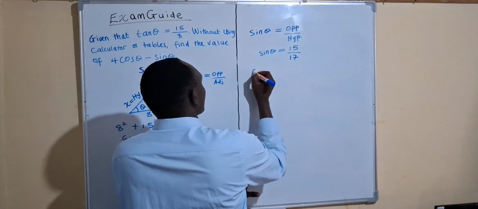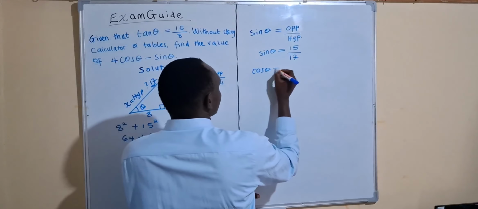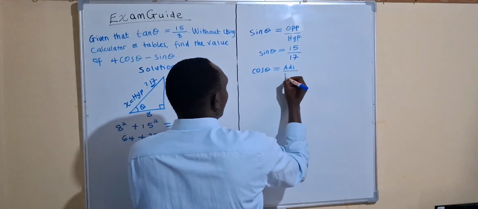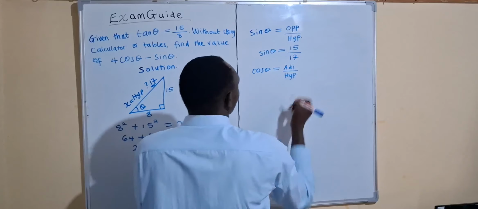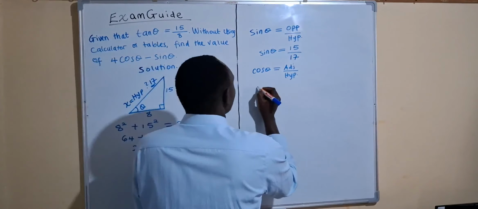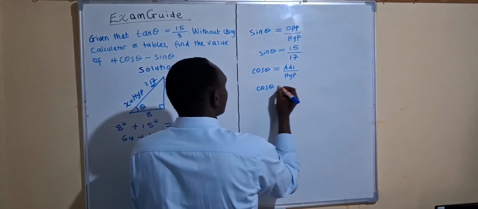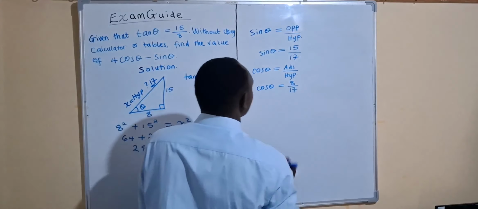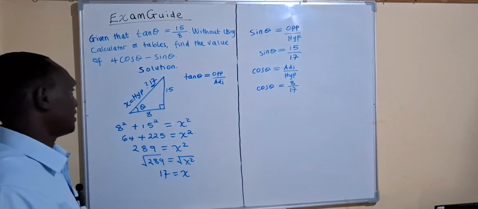And then cosine of any angle theta is given by adjacent over hypotenuse. What is the adjacent to this angle? It is 8. So cosine of theta becomes 8 out of the hypotenuse, which is 17.